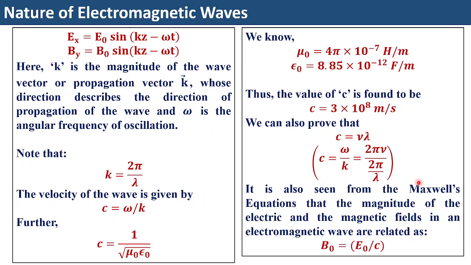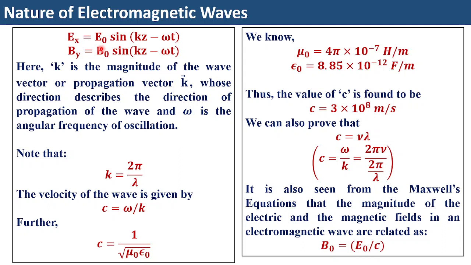There is one thing which is new to you right now: it can also be seen from Maxwell's equations that the magnitudes of the electric and magnetic fields in an electromagnetic wave are related as B naught equal to E naught upon c. That means the amplitudes, because the electric field and the magnetic field are constantly varying both with time and space z.